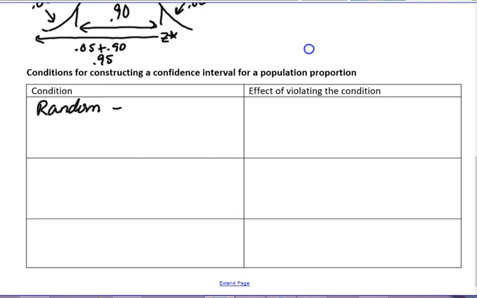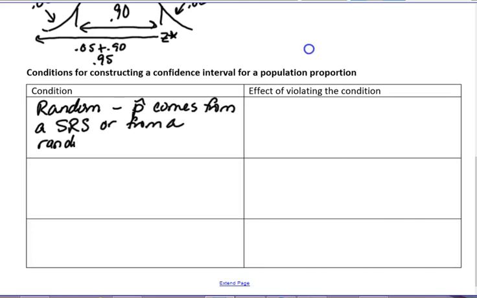We either have p hat comes from a simple random sample or from a randomized experiment. Technically it does need to come from a simple random sample, but most of the time we just say random sample. It's kind of beyond the scope of this course to differentiate between different types of random samples, so it's okay to just say random.